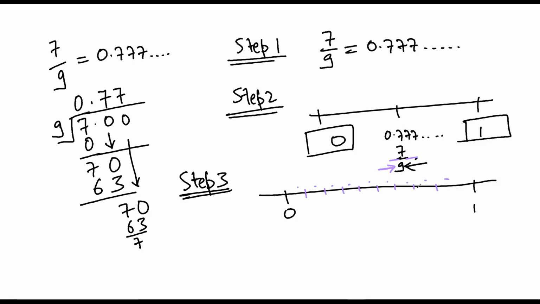These parts should be equal. When you draw with your scale, these parts should be equal. You need to take care. So 7 by 9 would be the 7th part. First, second, third, fourth, fifth, sixth, 7. Have you understood? Yes, sir.